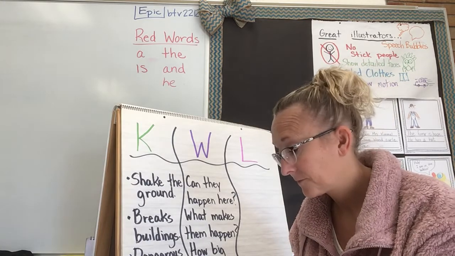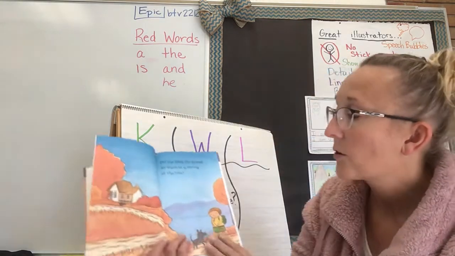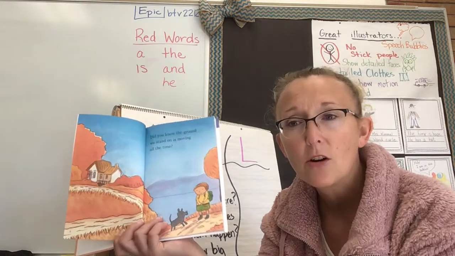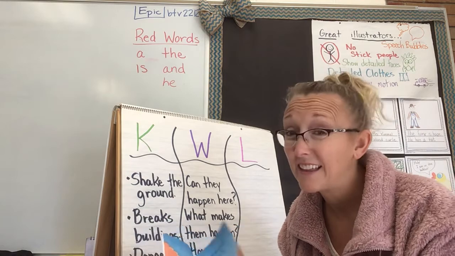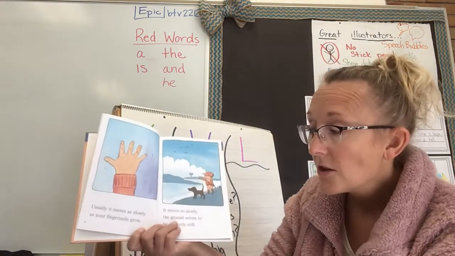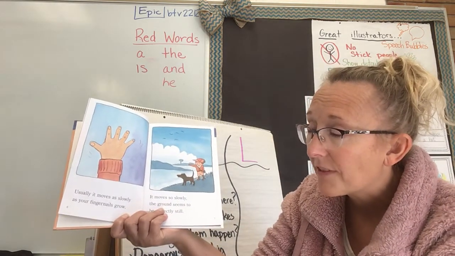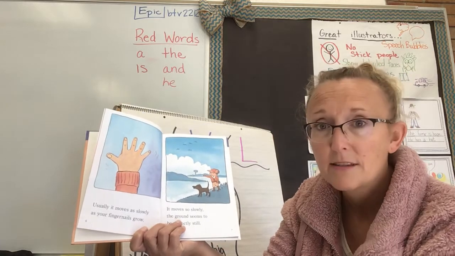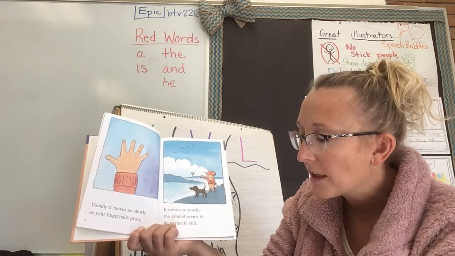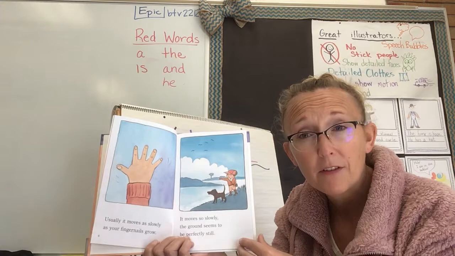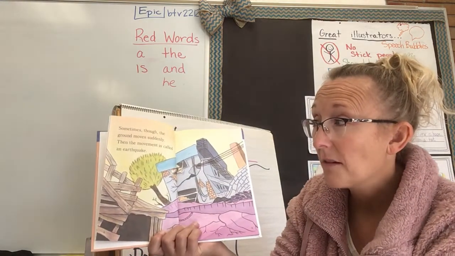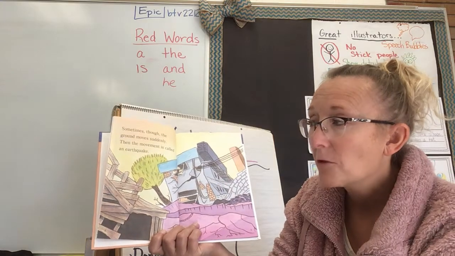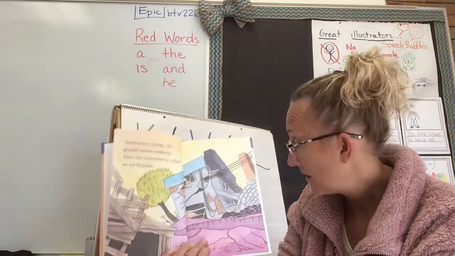Earthquakes. Did you know the ground we stand on is moving all the time? No, I don't think I knew that. So I could add that to the learned column here in a minute. Usually it moves as slowly as your fingernails grow. Wow, that's slow. It moves so slowly, the ground seems to be perfectly still. Sometimes, though, the ground moves suddenly, and then the movement is called an earthquake.